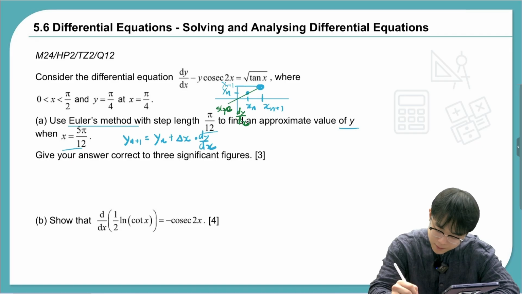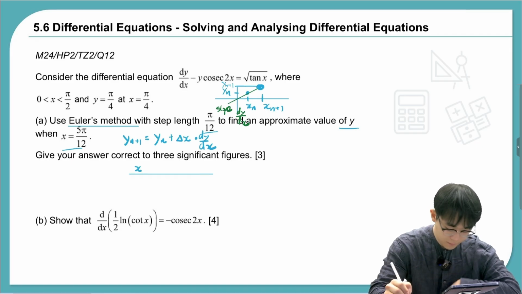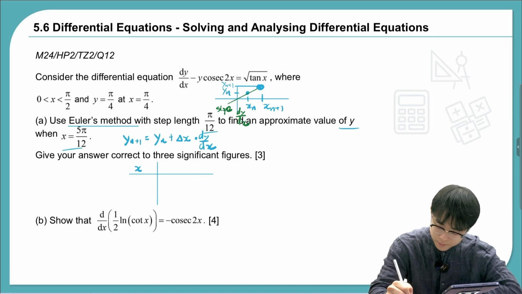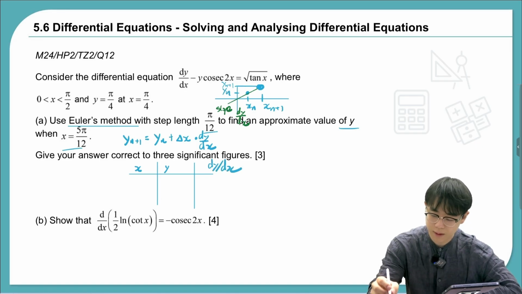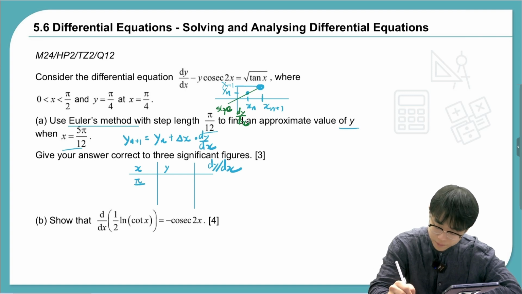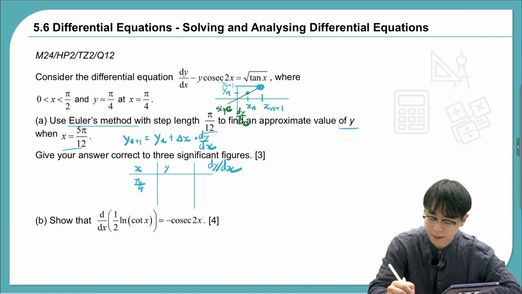You would just write our x, y, and the dy over dx. So initially we have x is pi over 4. And then the next step would be pi over 4 plus pi over 12.